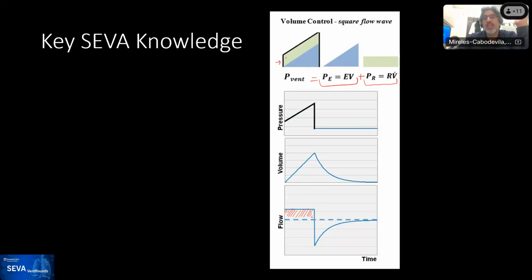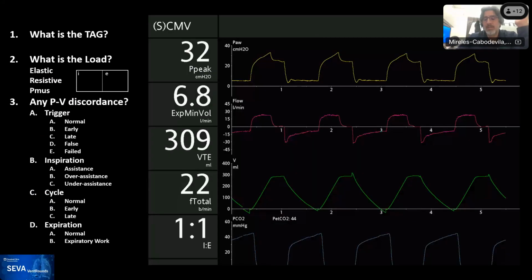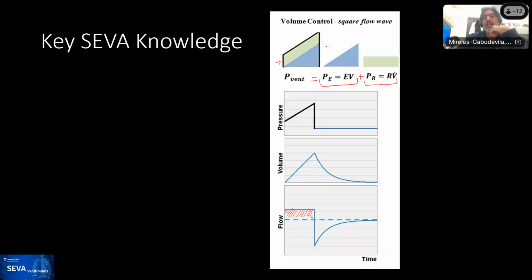here in this shaded green area. And then the elastic load will start to increase as the volume is delivered to the alveoli, such that at the end of the breath, elastic and resistive are going to be together. So this difference over here is exactly the difference over here, because it's the whole resistive load.